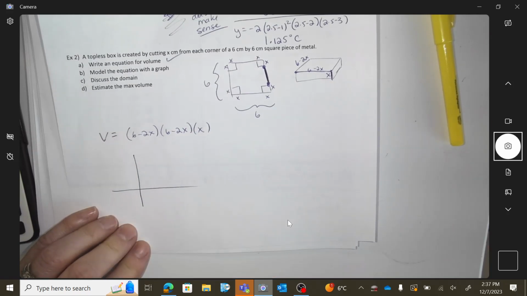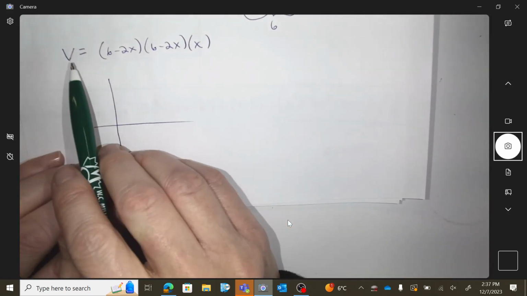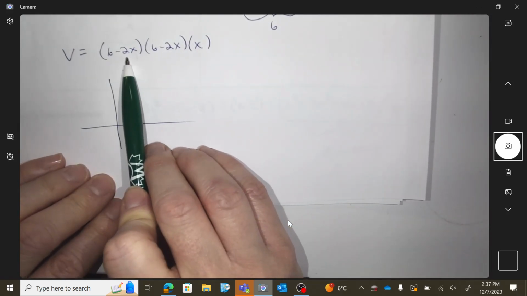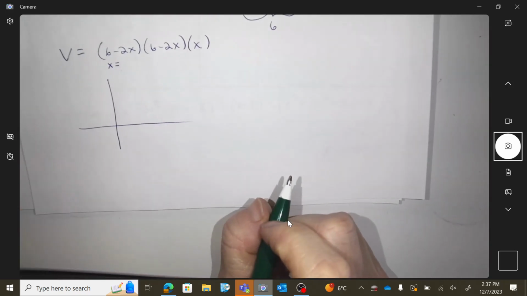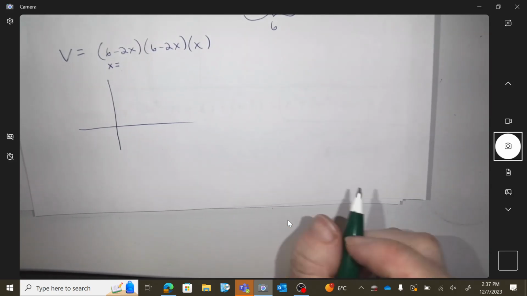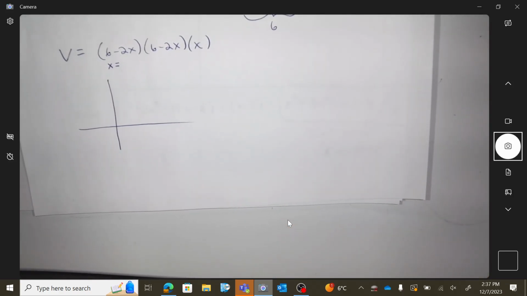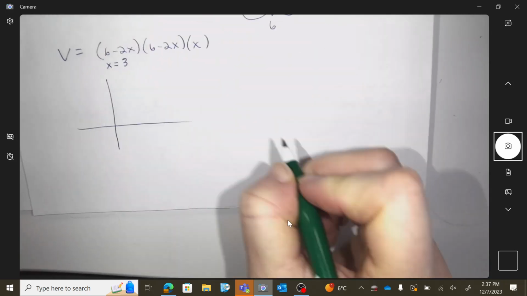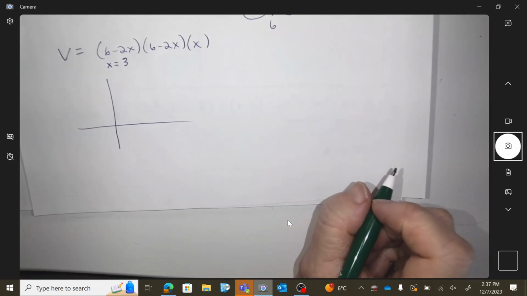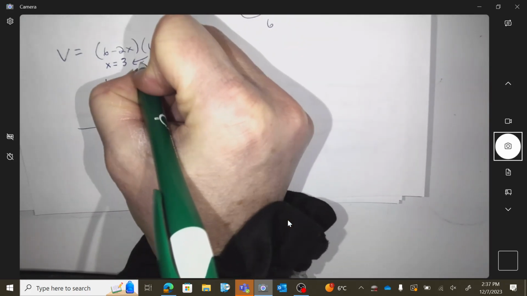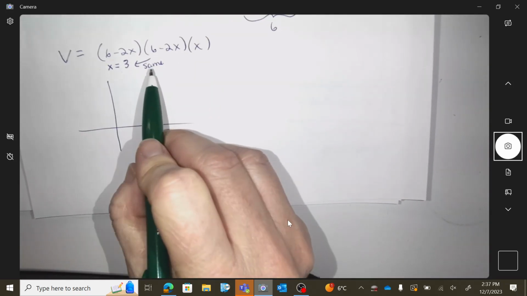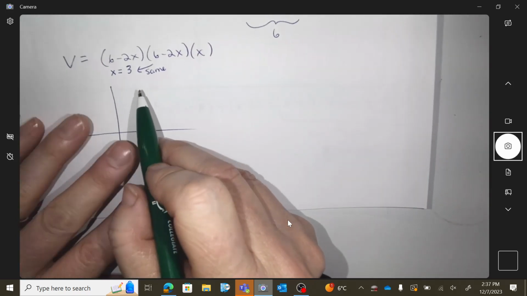Okay, what is the x-intercept of this bracket? What would cause that to be 0 if x was, pick 3? This is the same, right?